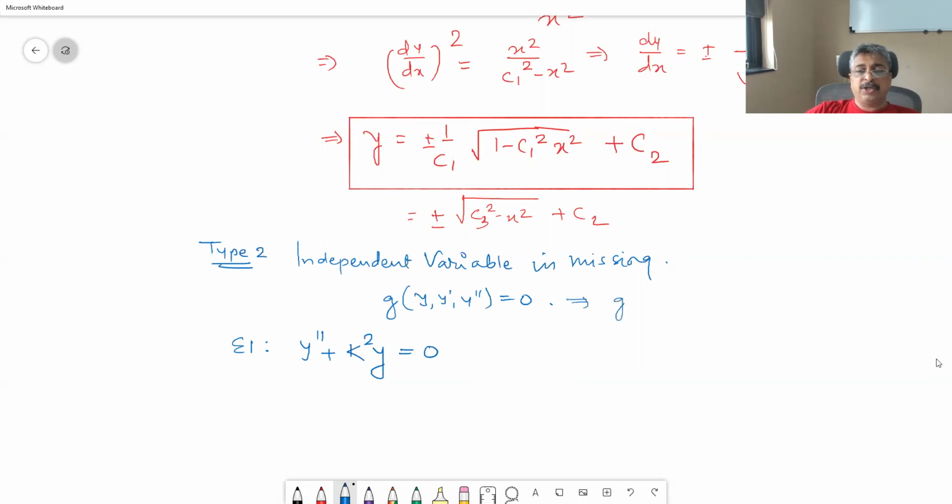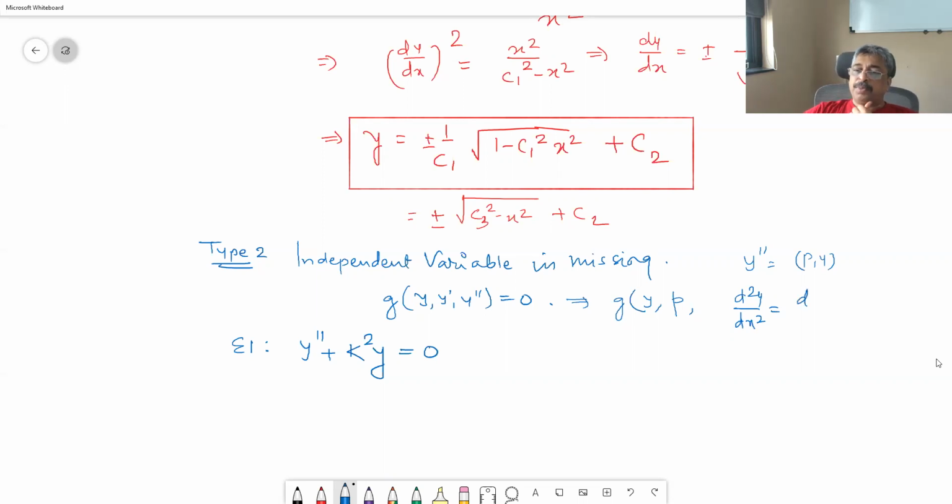So we can write this as g of y, y dash is our p, and y double dash we can write in terms of p and y. If we can express y double dash in terms of p and y, then it is same as earlier. Okay, so y double dash is d2y by dx square. Is that correct?